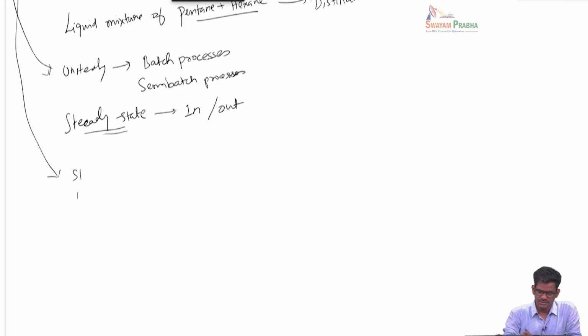Now as an example, if you want to do a leaching operation, you take a solid and treat it with, let's say, a liquid, and after a certain contact time you separate the solid and the liquid, and the liquid would have the solute transferred to it. Now this is one stage. Sometimes we may not be able to achieve the entire separation in one single stage. So in this case we have stages connected in series.